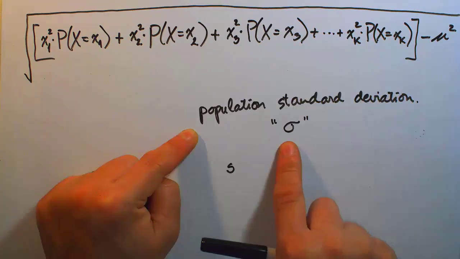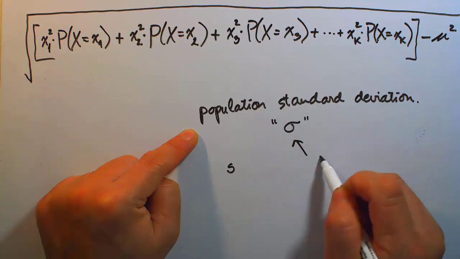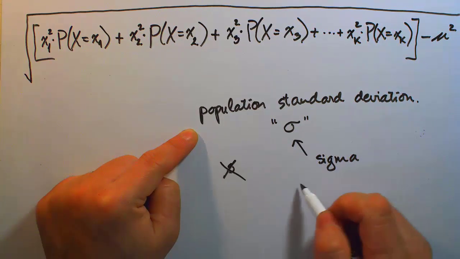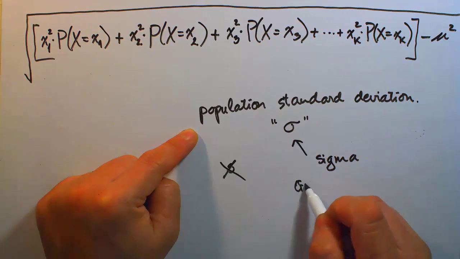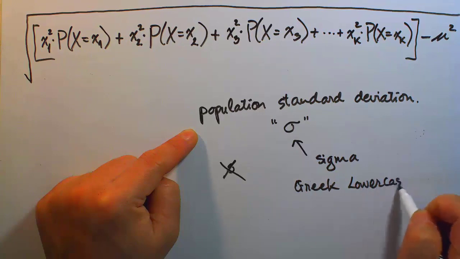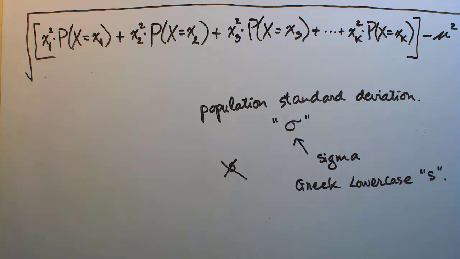Make sure you use this symbol over here. It's called sigma, and sigma is a Greek lowercase letter s. So it's still s, but it's not the English version.